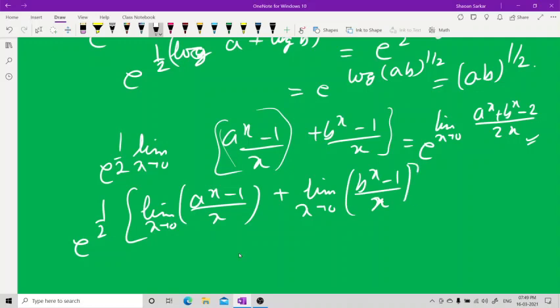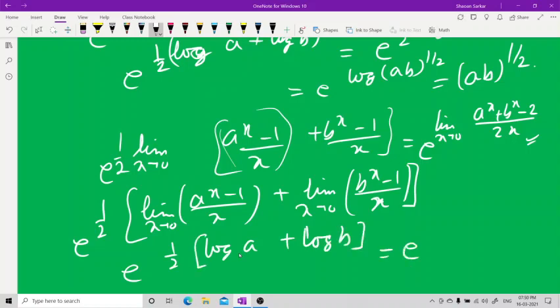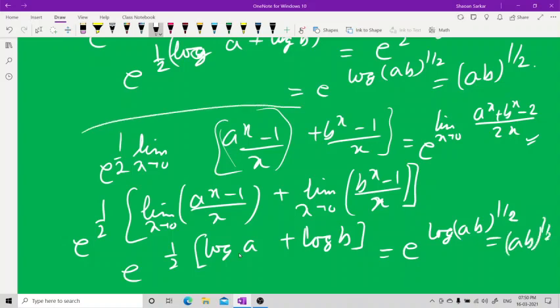This is the formula of limits only. This is half log a plus half log b. This is again the same as e to the power of log ab to the power of half, which is nothing but ab to the power of half. This is what I was trying to show. That's your choice: if they ask, you can do it in the above method, or you can do it in this method also.